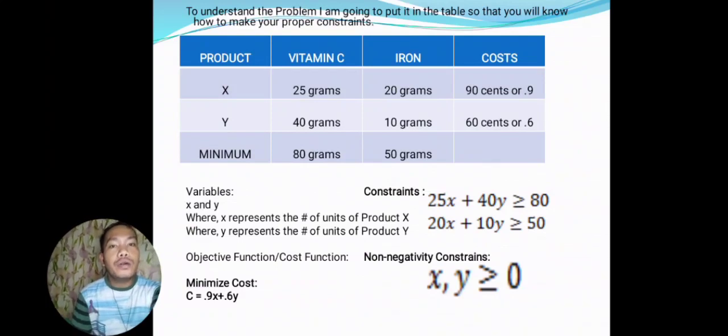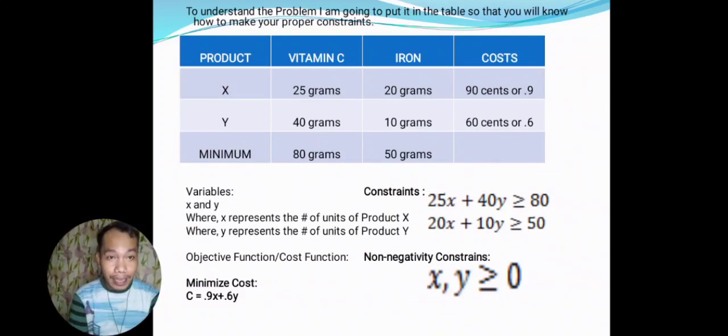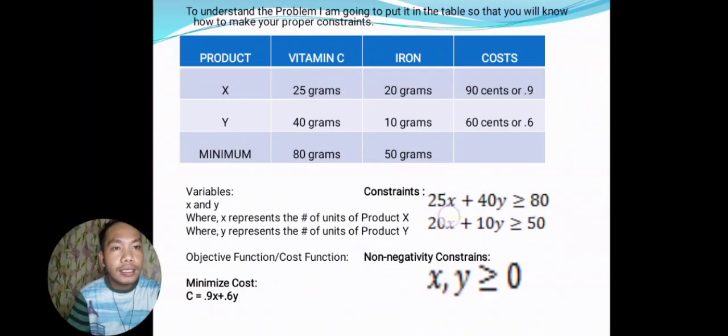And now, we will construct our constraints. It is a bit easy because you already put it in the table. As you can see, this is our vitamin C. This would be our first constraint. You just have to add all the constraints here.